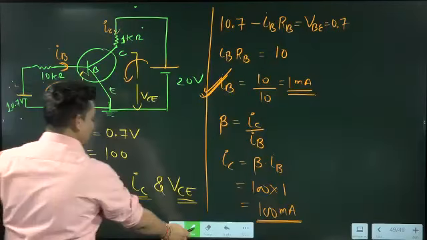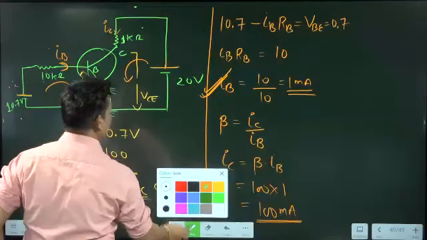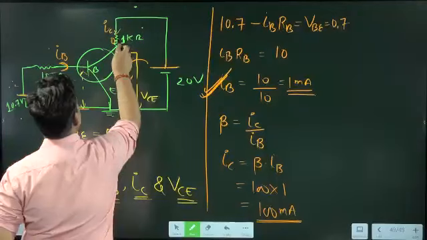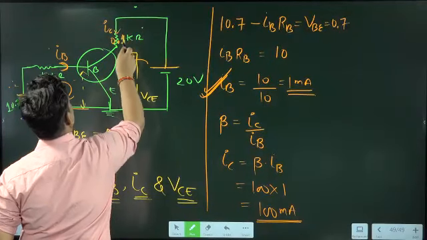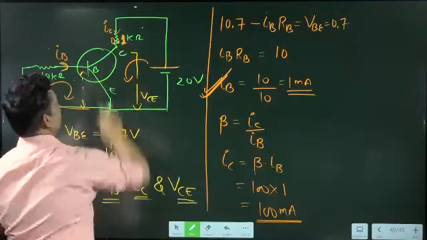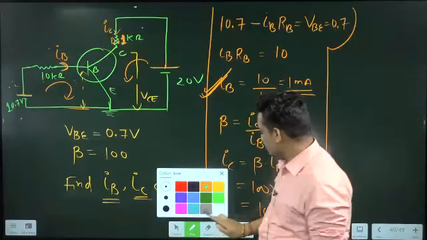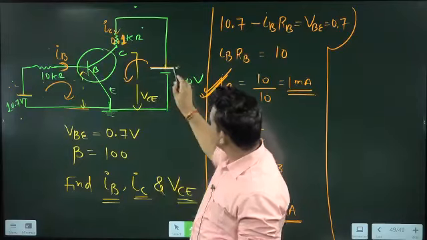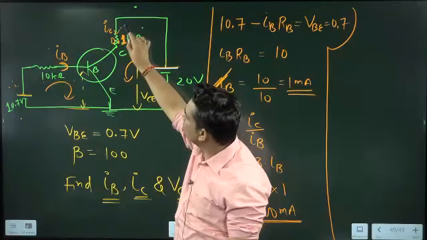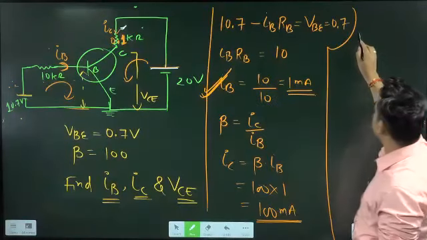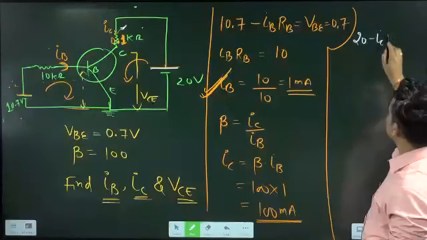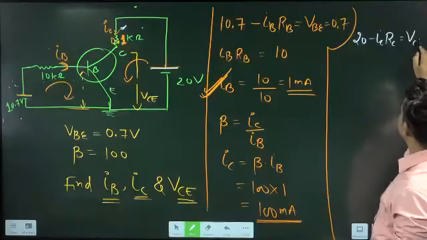Now this resistance, how to change here, this is 0.1 kilo ohm. Now we can write here, I will take this bigger circuit. You will start with 20. So out of 20, you will lose IC RC. So we get 20 minus IC into RC equal to VCE.